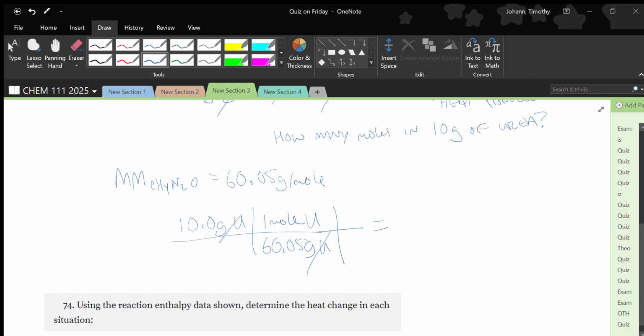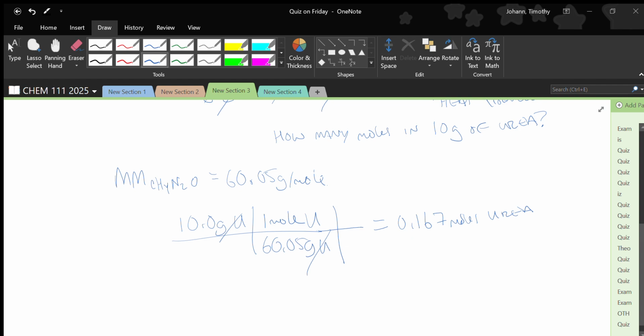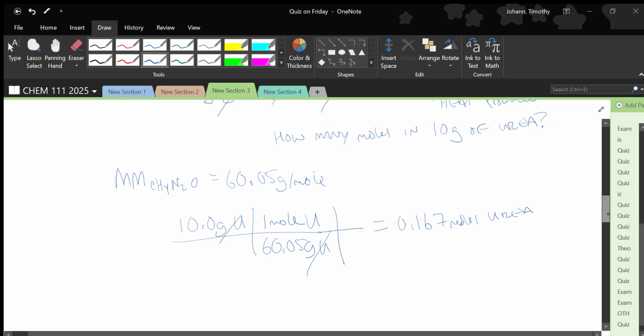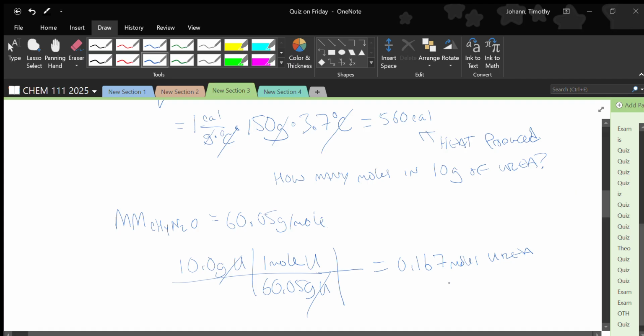And that's going to give me 16.7, no, I'm sorry, 0.167 moles of urea. Do the people get that? Okay. All right, and so then I have my heat, and I want calories per mole. I've got the calories produced by this many moles, so I'm just going to divide one by the other.